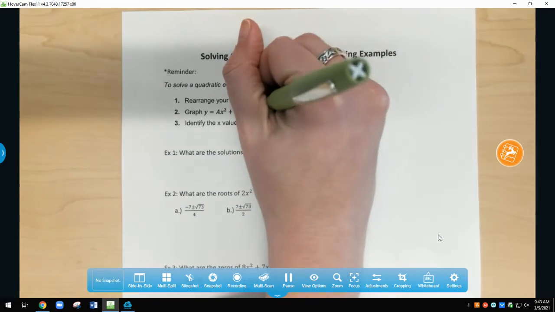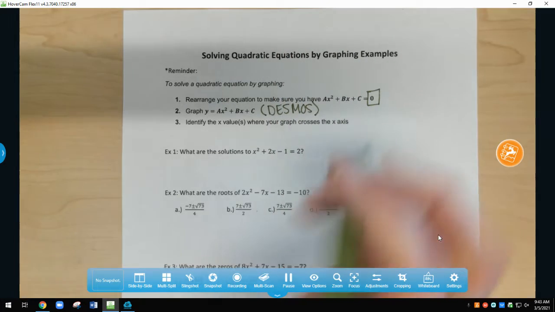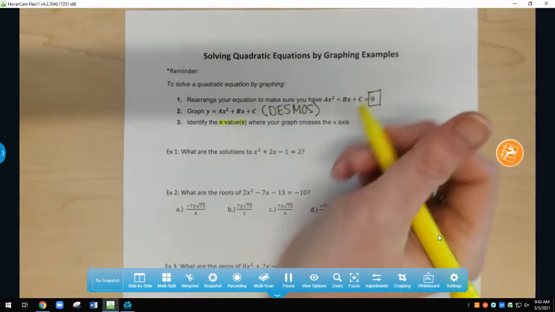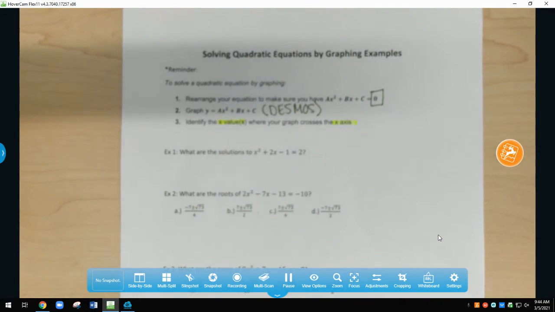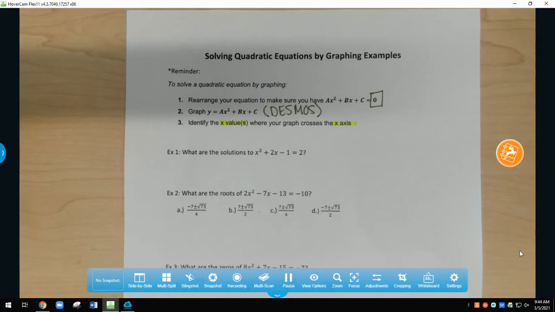Okay, then we will put it into Desmos. Then we will identify the x values where the graph crosses the x-axis. And we'll decide on some of these you might not need both numbers, but we'll figure that out.